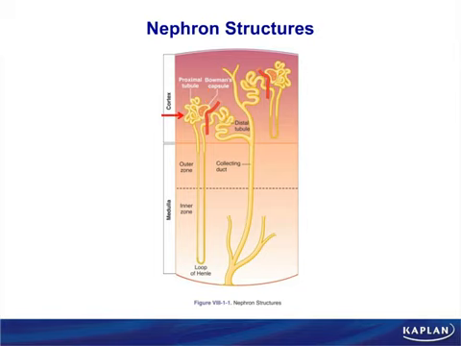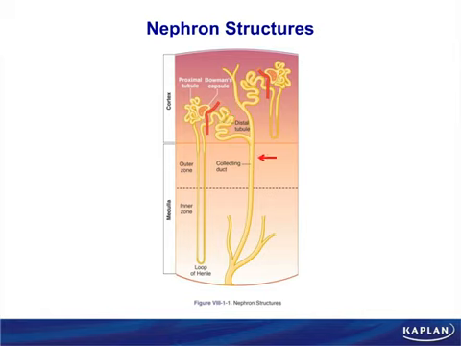After the proximal convoluted tubules, the nephron becomes the descending loop of Henle, and the descending loop of Henle goes deep into the inner medulla. Then it loops around and becomes the ascending loop of Henle, then goes back into the cortex, and it becomes the distal convoluted tubules. Then after the distal convoluted tubules, the nephron becomes the collecting ducts.